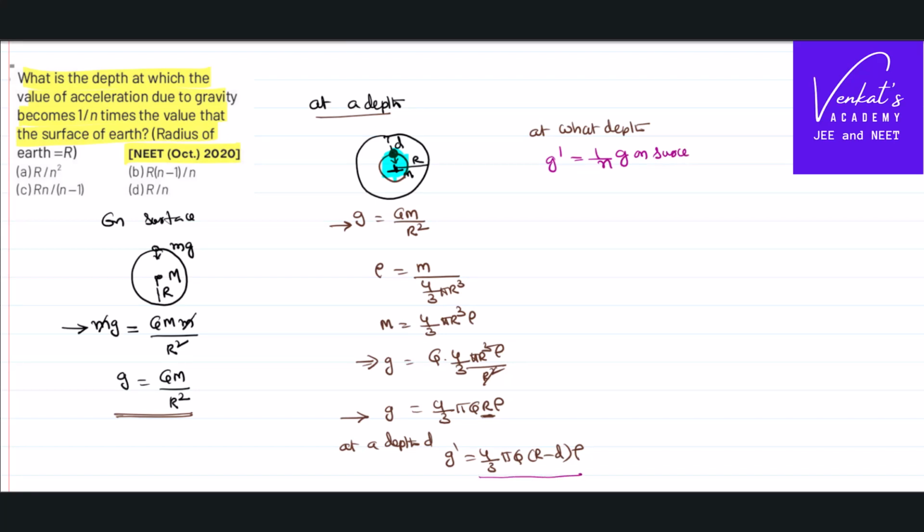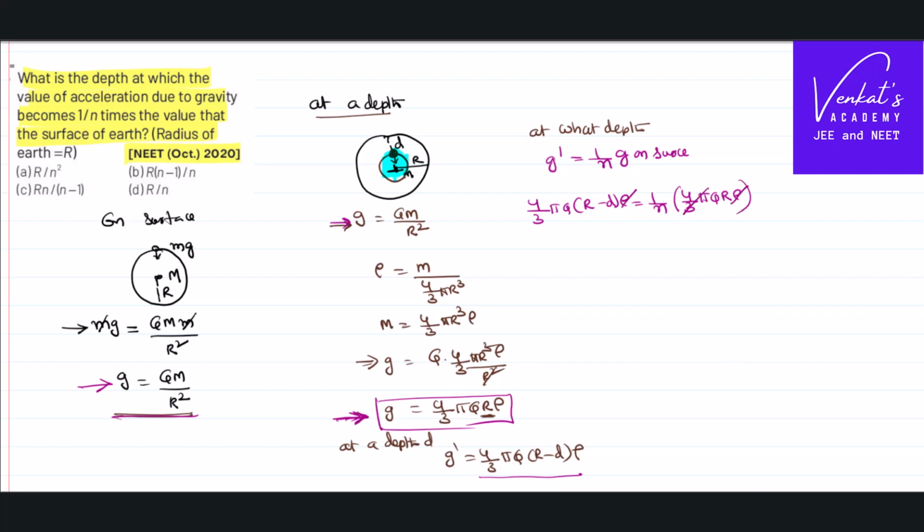At depth we have the relation 4 by 3 pi G into R minus depth into rho, equal to 1 by n of the value on the surface. On the surface I could write g equal to GM by R square, but I will write it in similar terms, transformed into this shape. These both are the same, but this is more appropriate to write here: 4 by 3 pi G R rho.